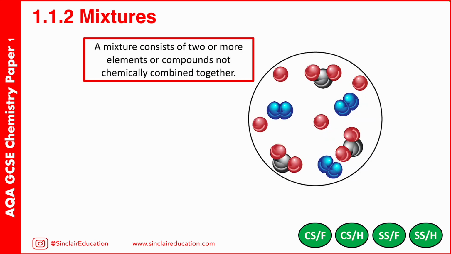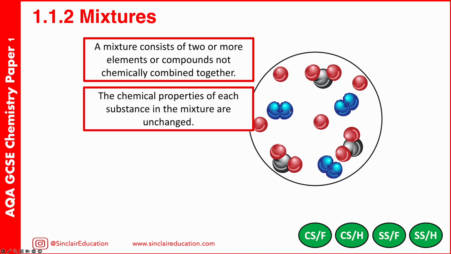Mixtures are now made up of different substances that are not chemically bonded together. So here we see a mixture made up of one compound, which is here the two reds attached to the black, and we have two separate kinds of elements. So here this is actually just an atom of a kind of element, and here we've got a molecule of another element.